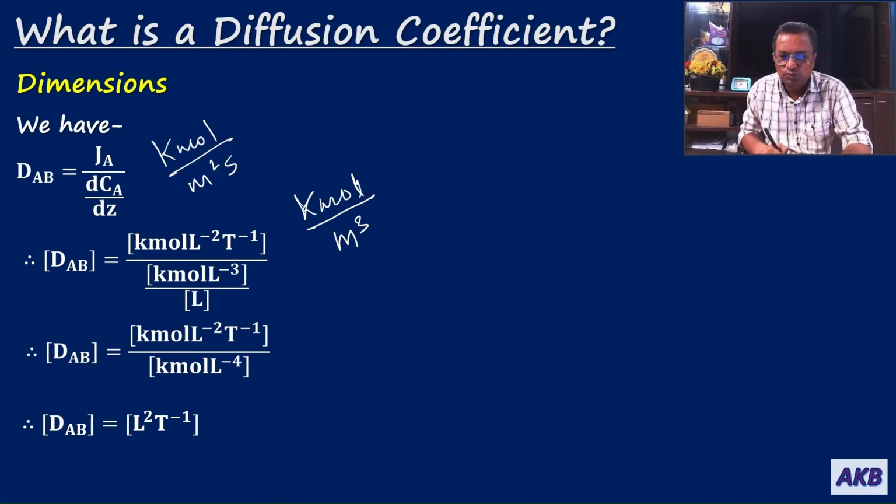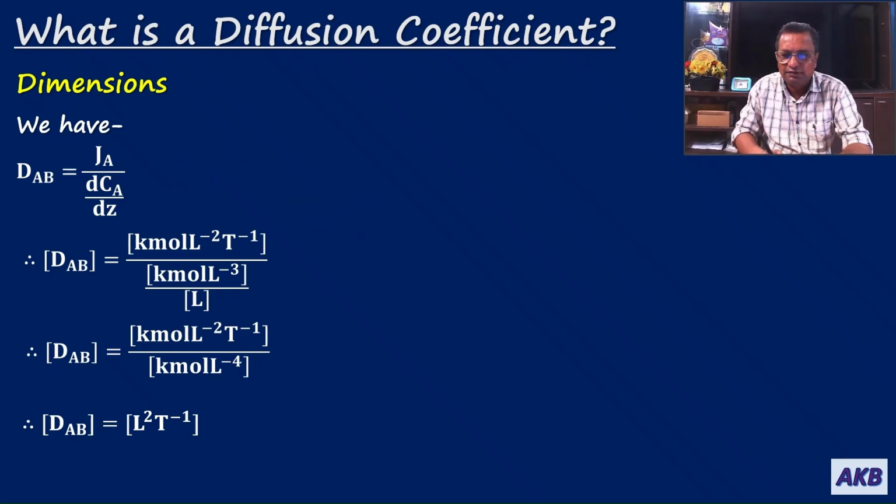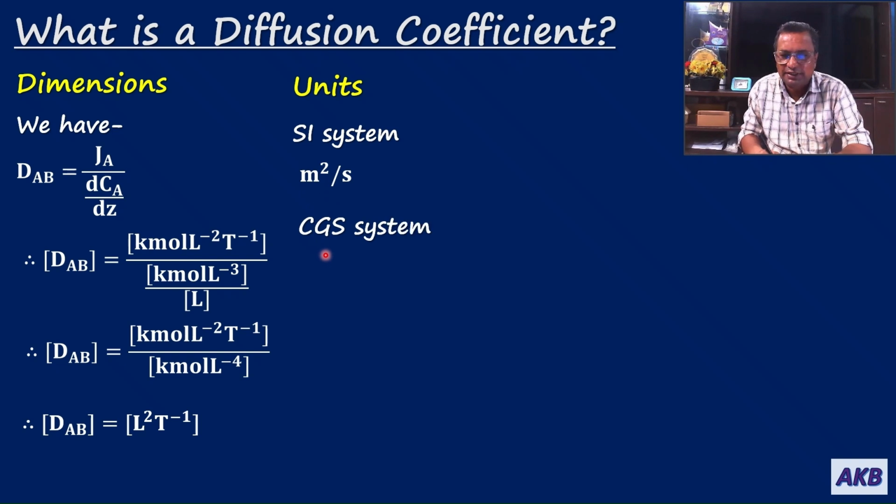And if you have to talk about the units, let me erase this. I hope you have understood it. If you have any doubt, please let me know. Then units in different systems of units. In SI system, the units for diffusion coefficient are meter square per second. In CGS system, the units are centimeter square per second. In FPS system, the units are feet square per second.